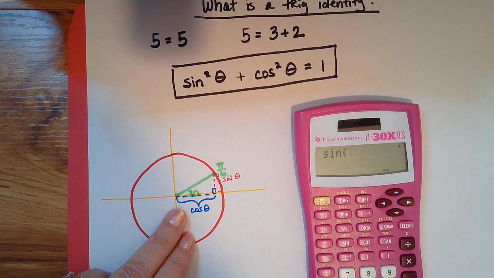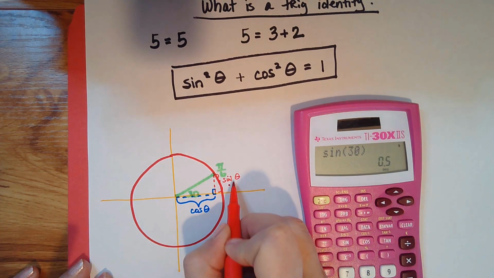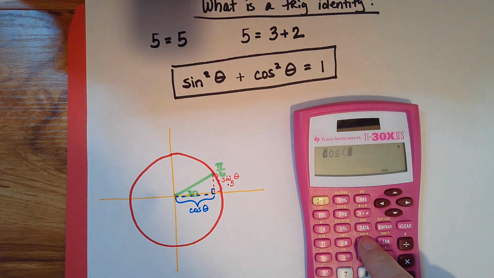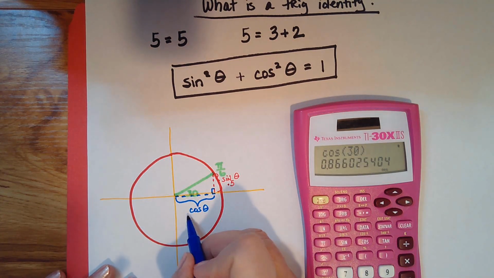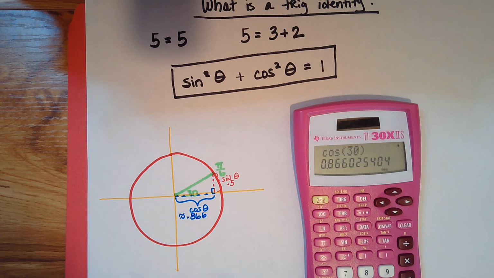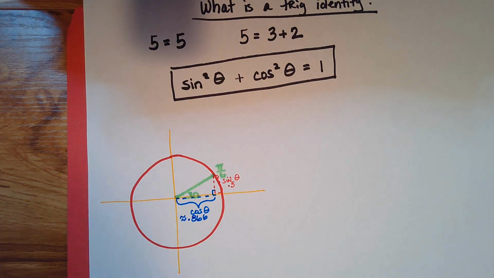I'm going to calculate the sine of 30 degrees, and that is going to give me 0.5. And I'm going to calculate the cosine of 30 degrees, and that is going to give me 0.866. About, right? There's going to be a little bit of a rounding error, which we pretty much always get in trig, so we get used to it.